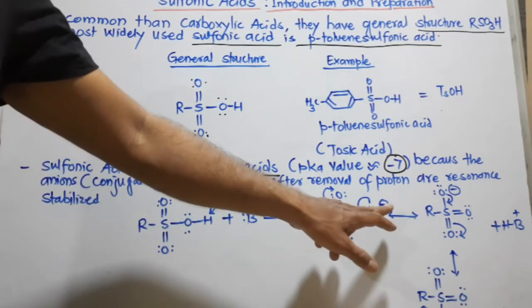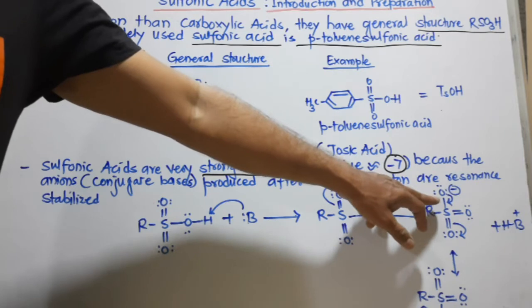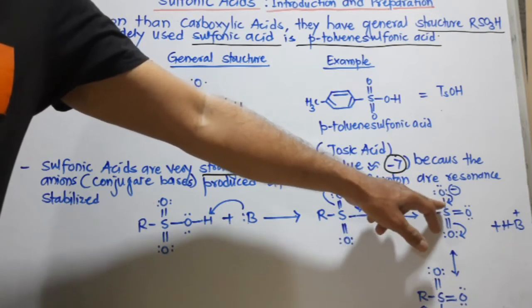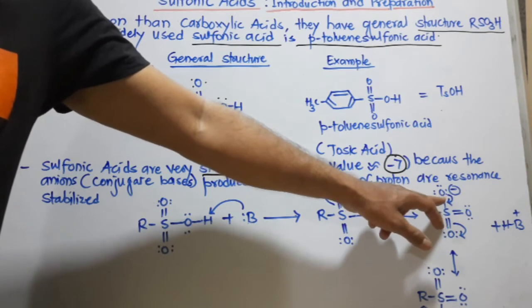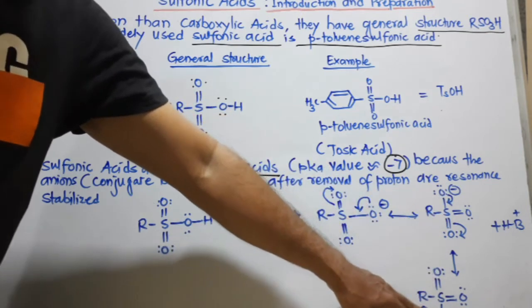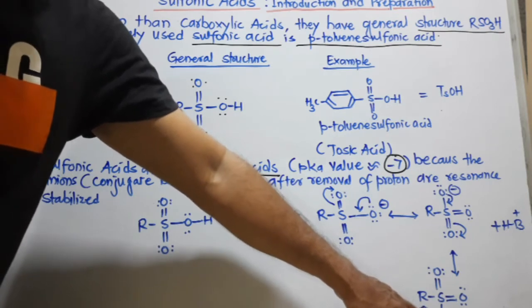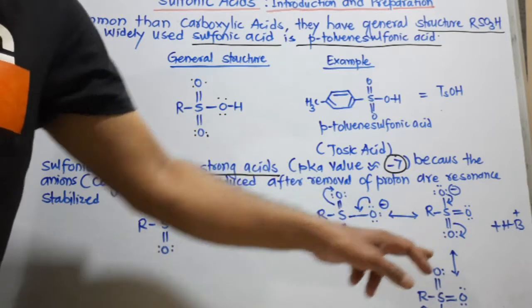So the negative charge is migrated from this oxygen to this oxygen. Now this pair will move in between oxygen and sulfur to form a pi bond, and to accommodate that pi bond, this pi bond will move onto the oxygen. So in the next structure there will be three lone pairs, and the negative charge is now moving from this oxygen to this oxygen.